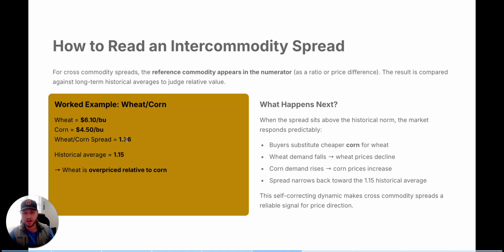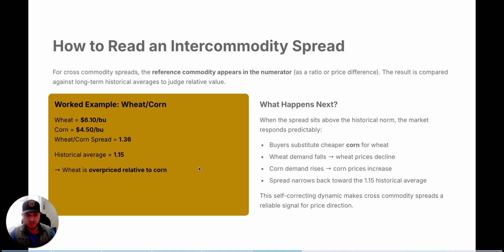When that spread is above what we would consider normal, the market has to respond the way it should, if there's really no economic reason at that time for why the spread is outside of the norm. Buyers will step in and buy the substitute product, which is the cheaper corn over the wheat.